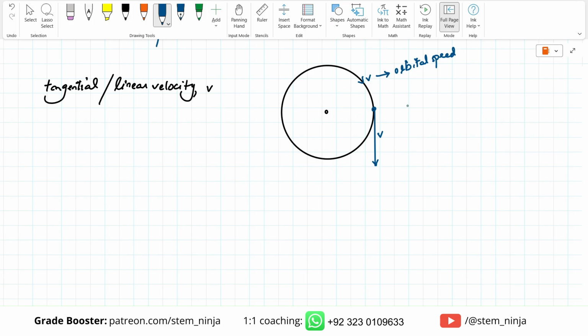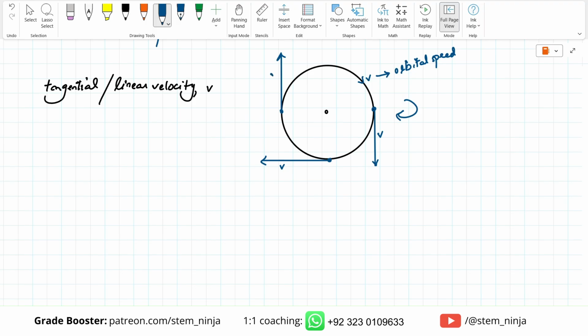If the object is moving clockwise, the vector tangential velocity or linear velocity will be moving this way throughout the rotation. It will have the same magnitude because obviously the speed is the same.